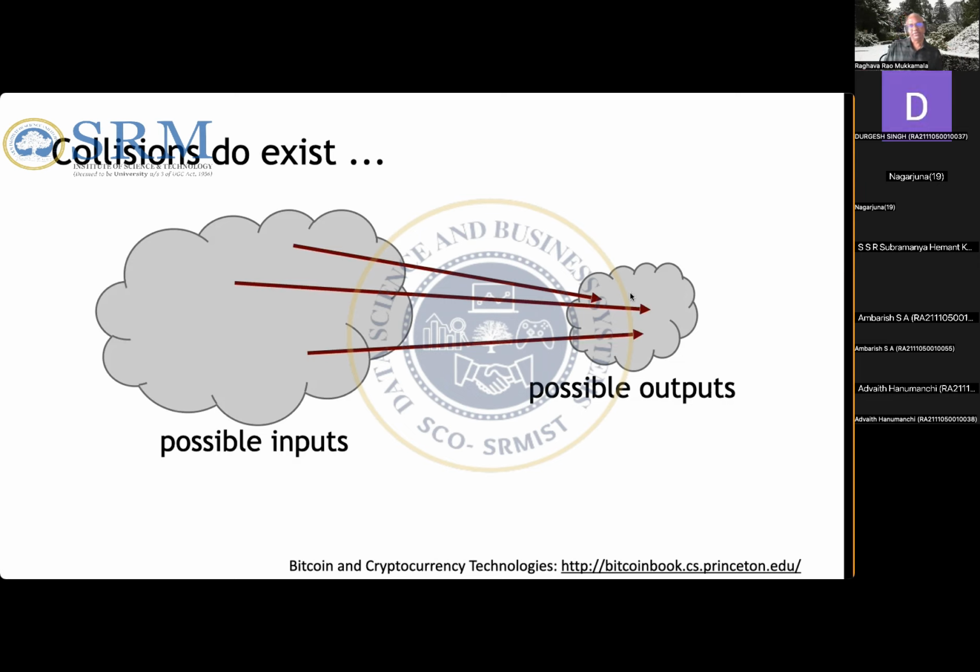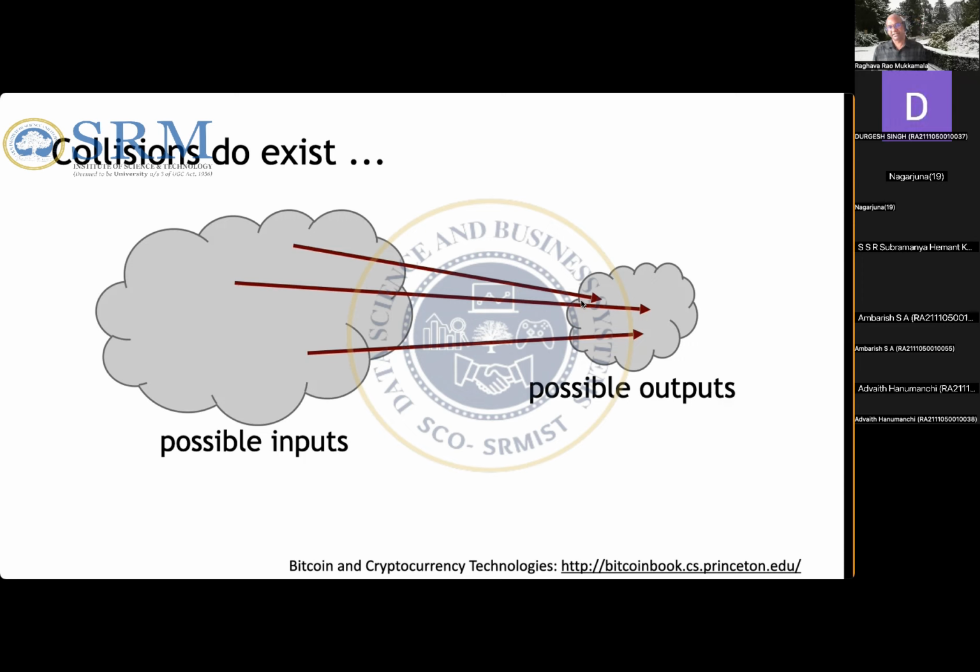But what is the output of the hash function? We have seen that if you use the SHA function, SHA-256, the output is a fixed digest. What I mean to say is, you have a fixed number of values to which this infinitely huge amount of data is being mapped.